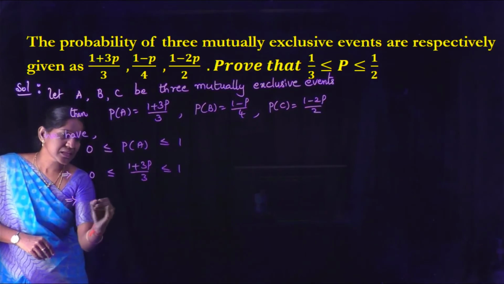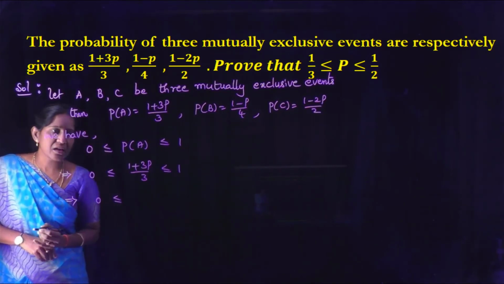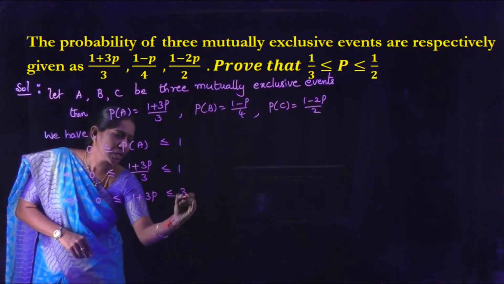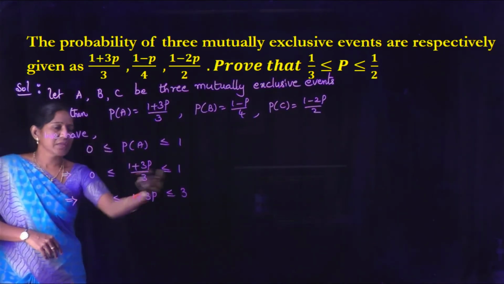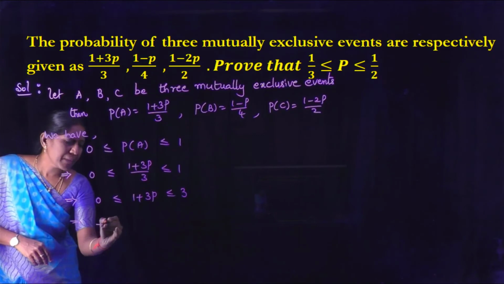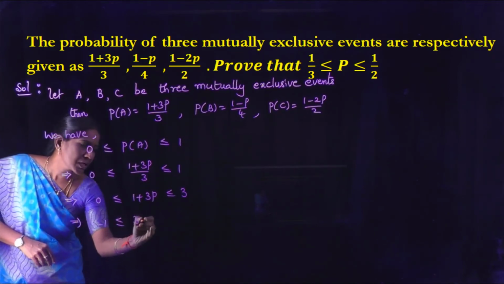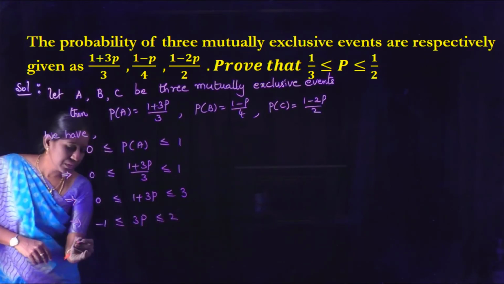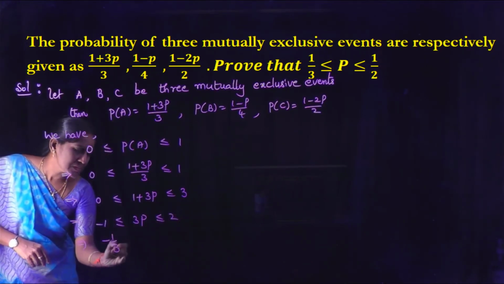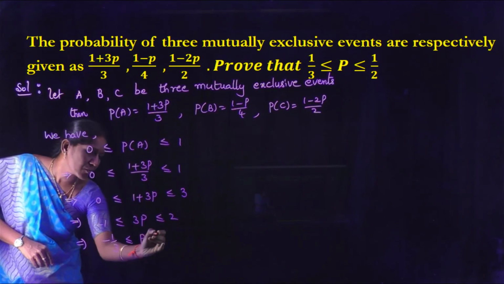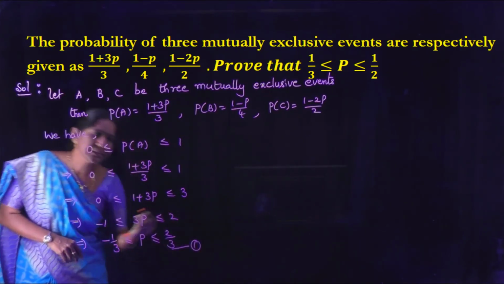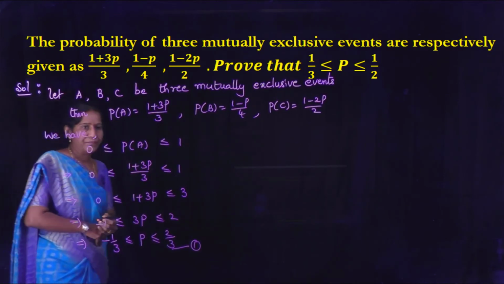This implies 0 less than or equal to 1 plus 3p less than or equal to 3. Then it is minus 1 less than or equal to 3p less than or equal to 2. This implies minus 1 by 3 less than or equal to p less than or equal to 2 by 3. Take it as equation 1.